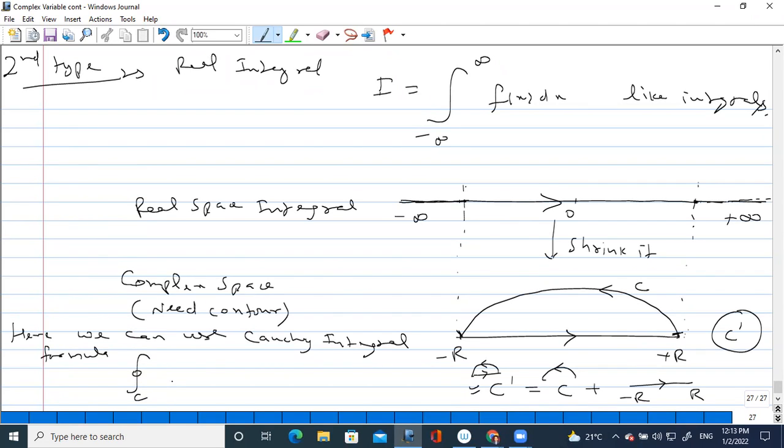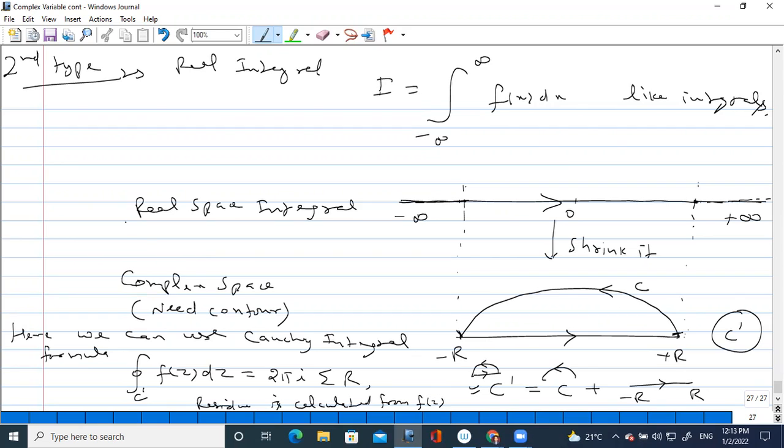For a closed contour, C dash being the complete closed contour, the integral of f(z) dz will be equal to 2 pi i times the summation of R, where the residue is calculated from f(z). Okay, up to here you understood.